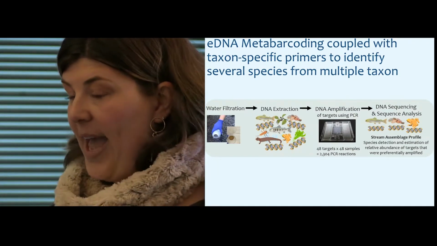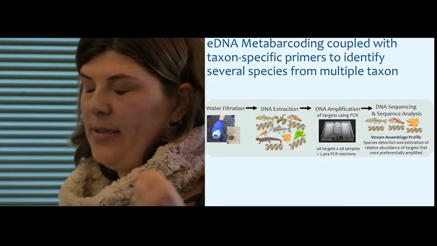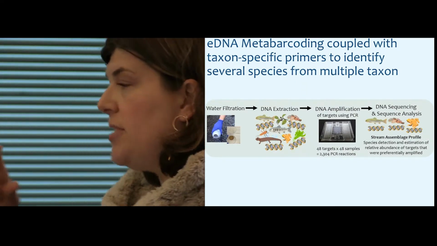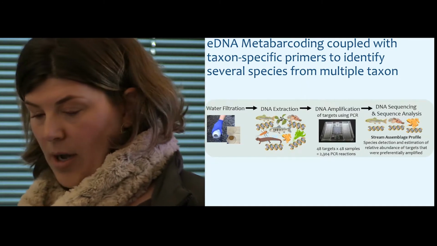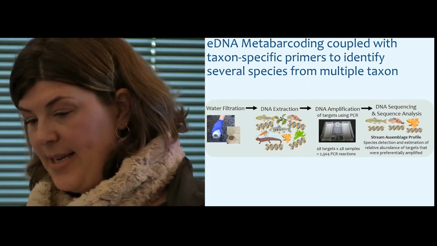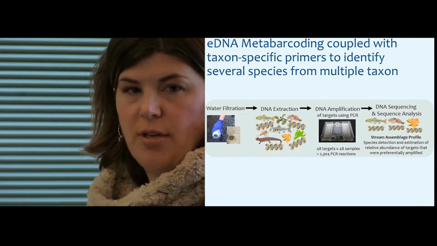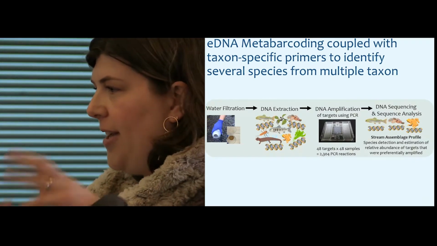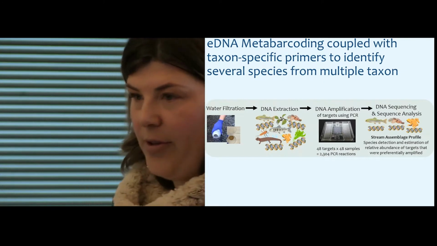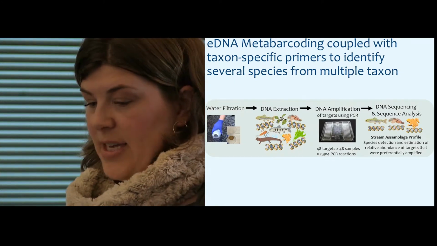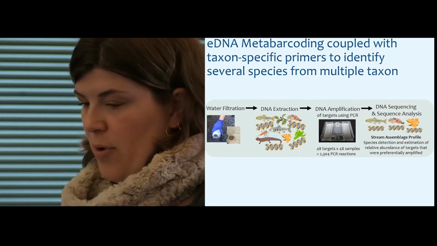And then essentially we collect the water in the field, but we leave the field with a vial and a filter inside our vial, and we freeze our samples, and so we bring that back, and the next step is the DNA extraction in the lab. What it looks like is a bunch of fancy chemicals that go over the filter and allow us to remove the DNA. And the next step from there are two different machines that we process our samples through.